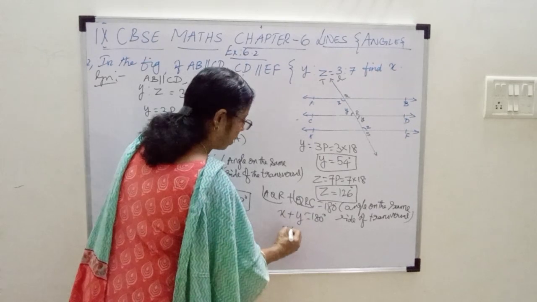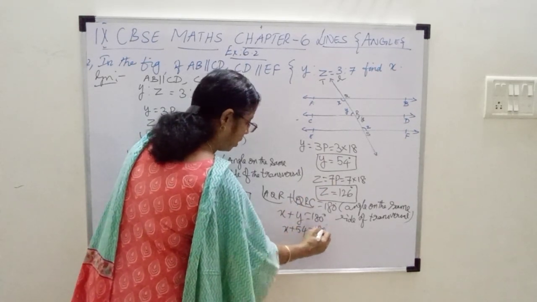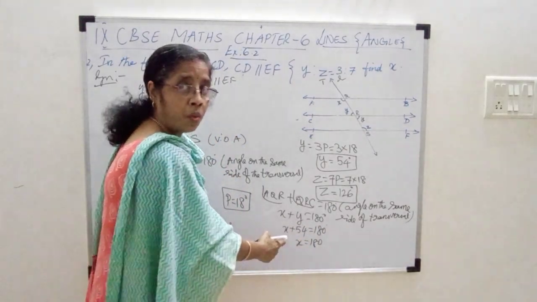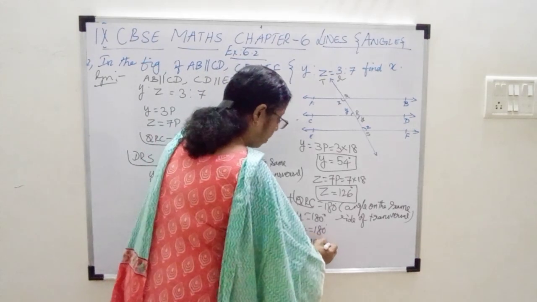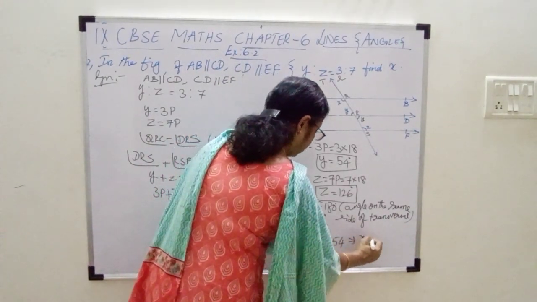That is X plus Y, you found that as 54, equal to 180. X is therefore equal to 180 minus 54, which is equal to 126.